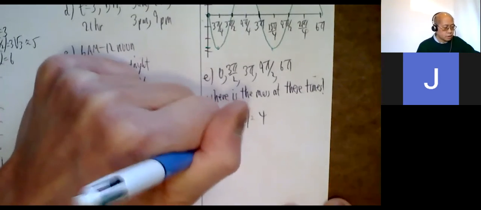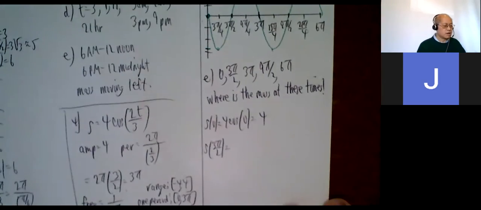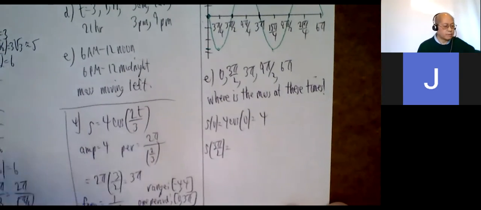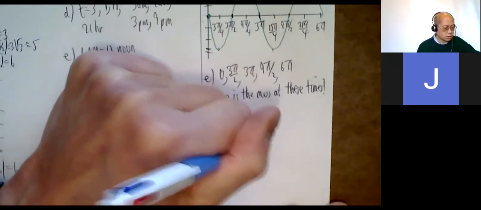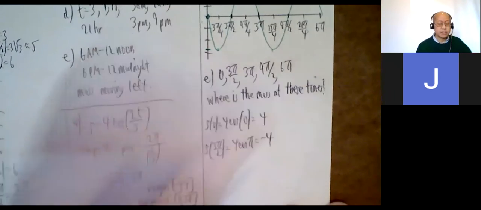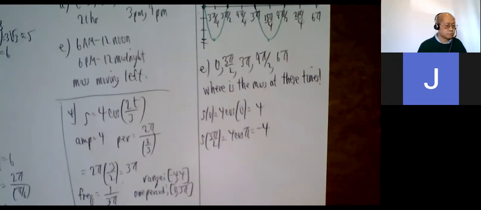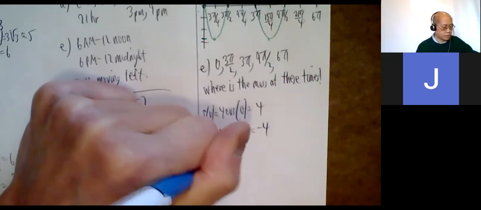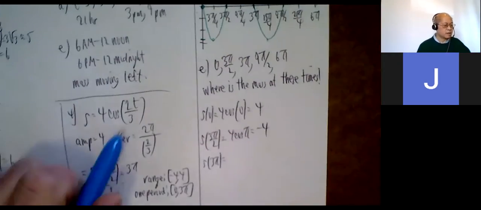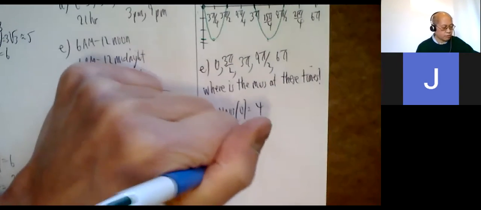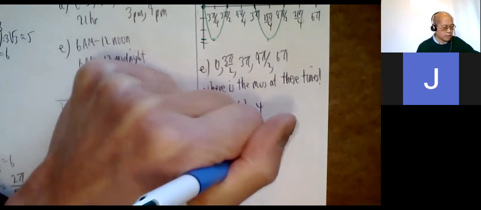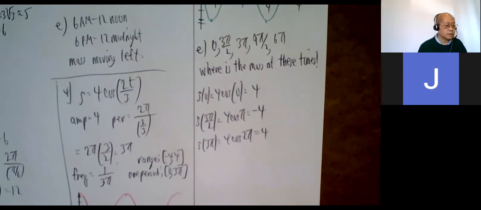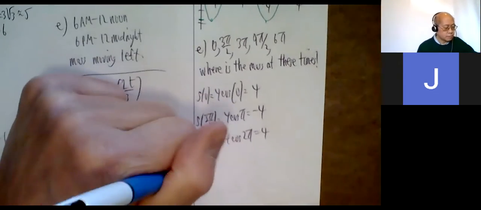S of 3π/2, plug in 3π/2 here. 3 and 2 cancel out. I'll be taking 4 cosine of π, which is -4. S of 3π, plug in 3π, I'll be taking 4 cosine 2π, which is back to 4. It's just going to keep going like that.